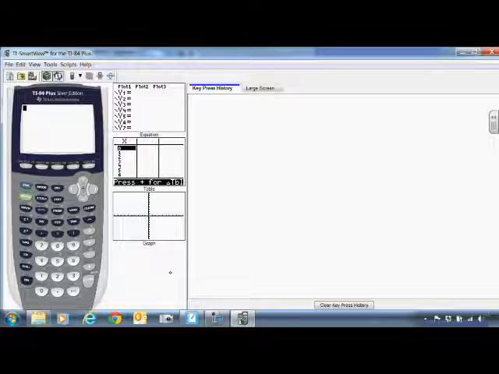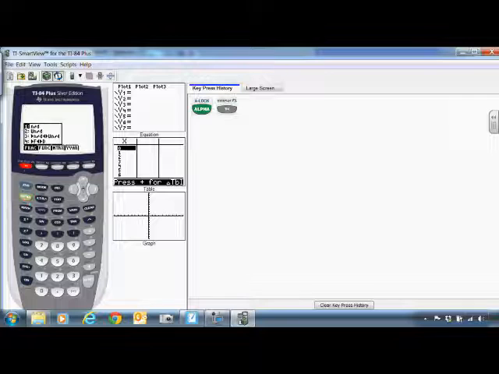In our calculator, we want to start out by typing in 1/3. So alpha y equals, it is a common fraction, so option 1.